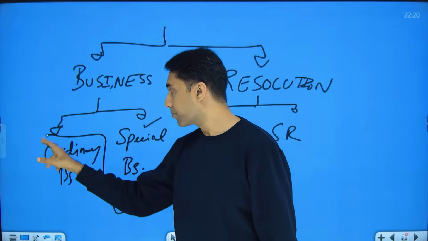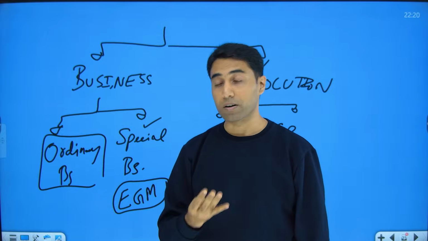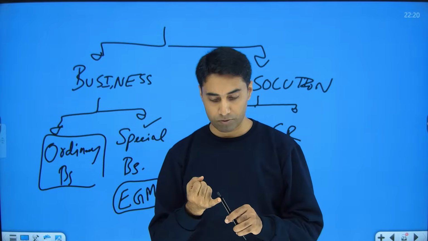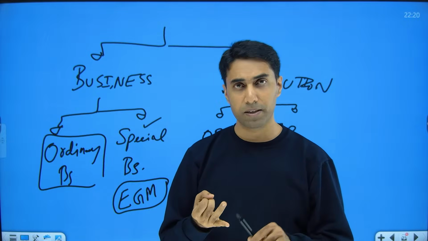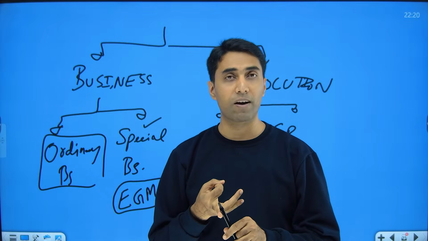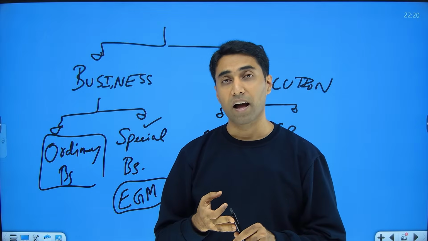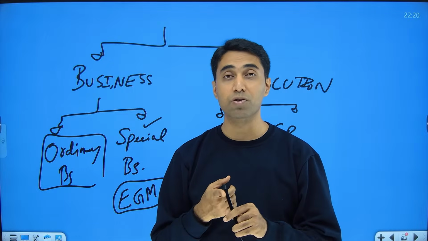But in an annual general meeting, there are 4 types of ordinary business. That is approval of financial statements, appointment of directors in the place of retiring ones, then you have appointment of auditors and fixing their remuneration, correct? And most importantly, declaration of dividends.